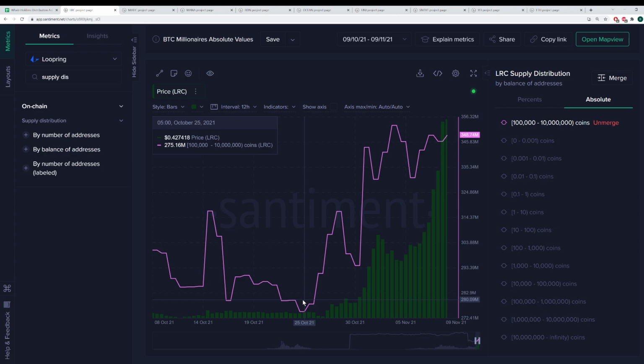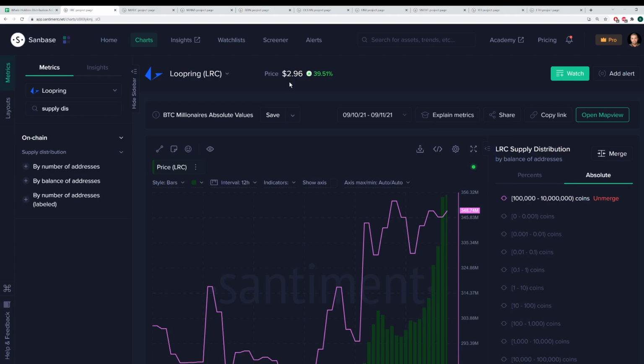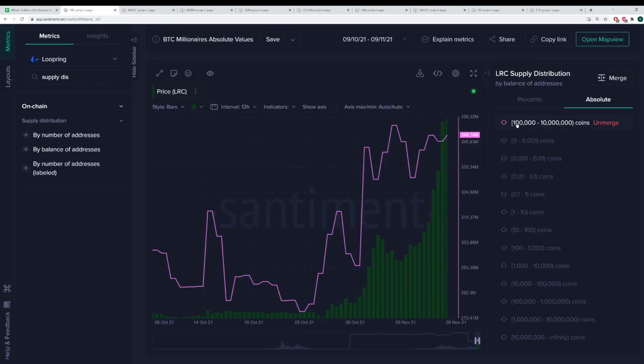But really on October 25th, we were looking at about 275 million coins held by these whales holding 100,000 to 10 million coins, or I guess we can call that about $296,000 all the way up to about $22.96 million in total holdings among these addresses.